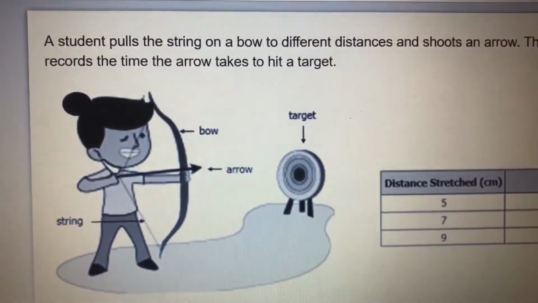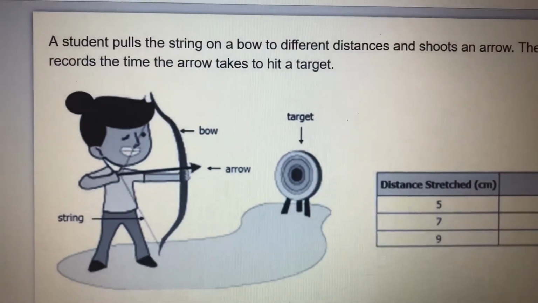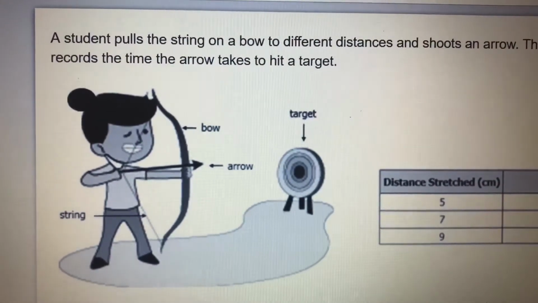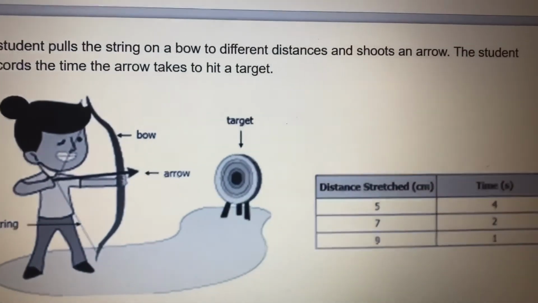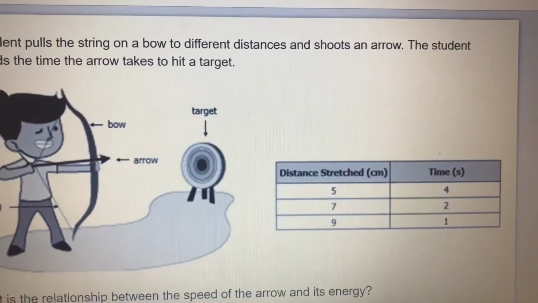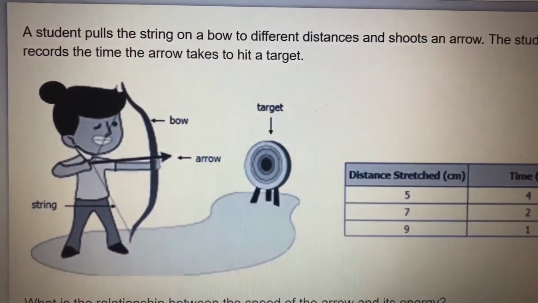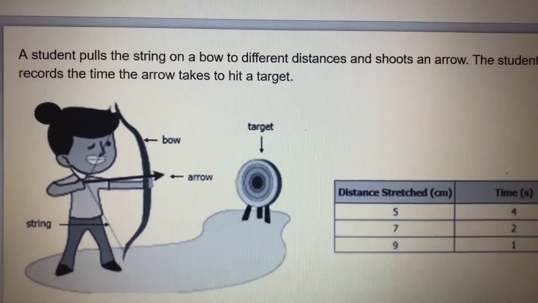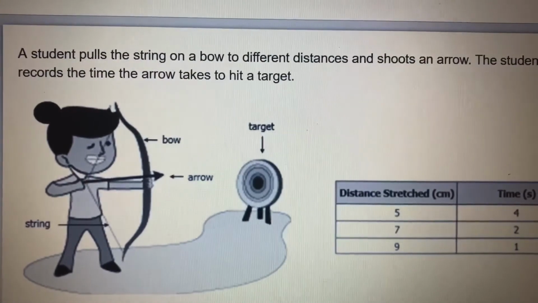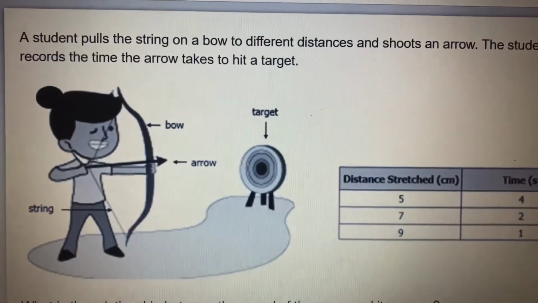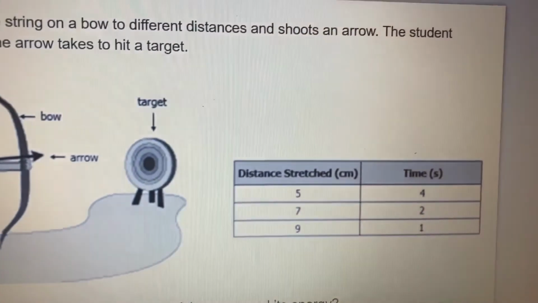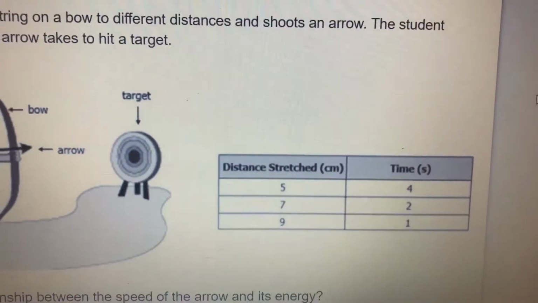So a student pulls the string of a bow to different distances and shoots an arrow. The student records the time the arrow takes to hit a target. Okay? And here is a table for that data.